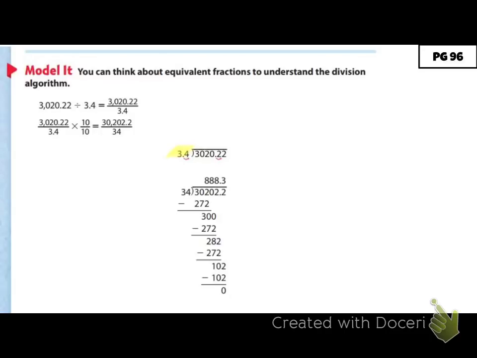Then however many places you move it over in your divisor, you also need to move over in your dividend. You're not going to get rid of it in your dividend. You may need to add zeros. It just depends. So just move it as many places as they did, and if you need zeros, add zeros. If not, then don't worry about it. Then just slide the decimal up, divide like normal.